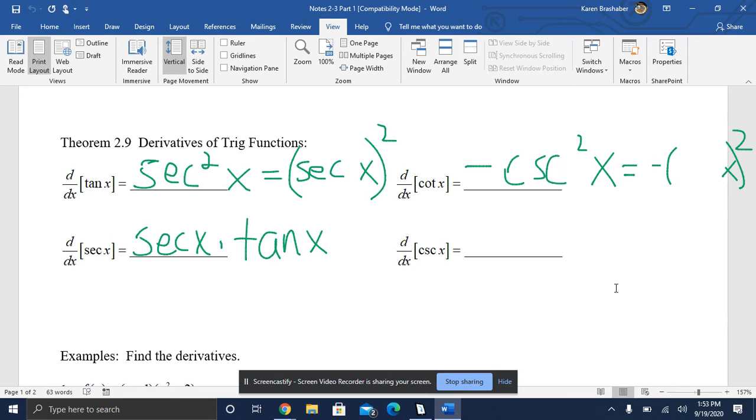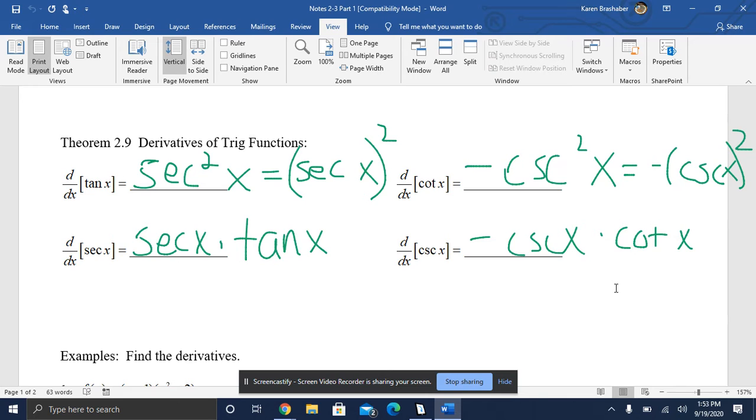And I'm sorry, my pen is not writing very well. And then the last one, the derivative of cosecant, it's another co, so it's negative cosecant of x times cotangent of x.